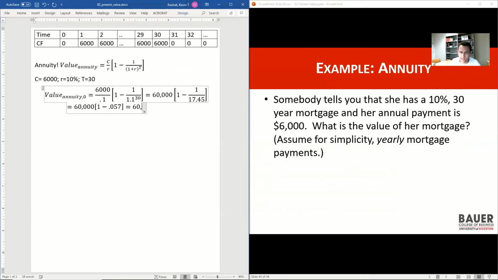Okay, so we're left with 60,000 times about 0.943. And that all works out to about 56,600 would be what your friend owes on the mortgage. That would be the value of the annuity.